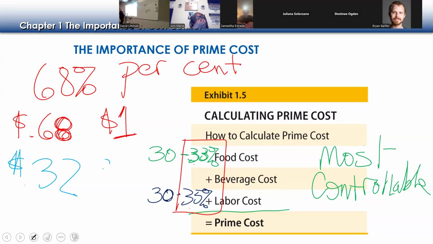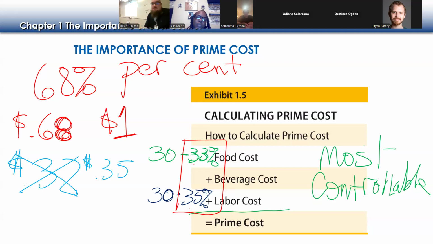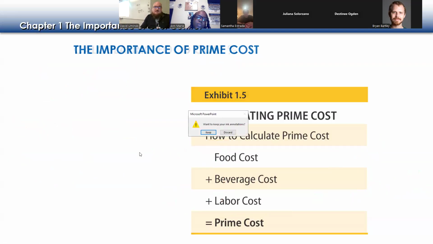So now I've got 35 cents instead of 32. And you might think, Mr. Uminski, that's only 3 pennies. That's not a big deal, right? Well, 3 pennies is not a big deal on $1, but it matters on the amount that you're talking about.